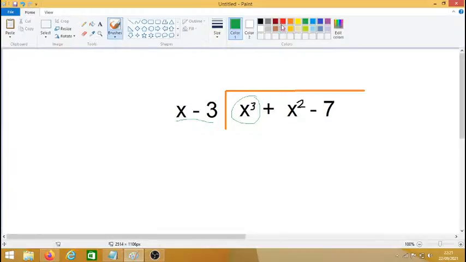There's only one possible answer here, and that's x squared. Because the x part, when I times that by x squared, I'm going to get x cubed. And now you do it backwards and you say, okay, well, what is x squared times x minus 3? Just like before.